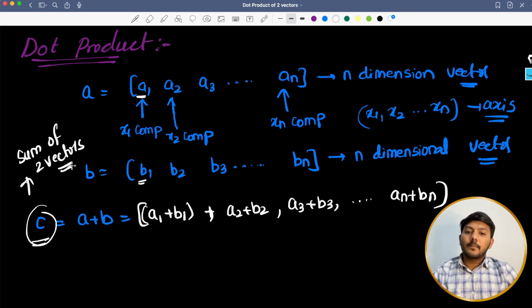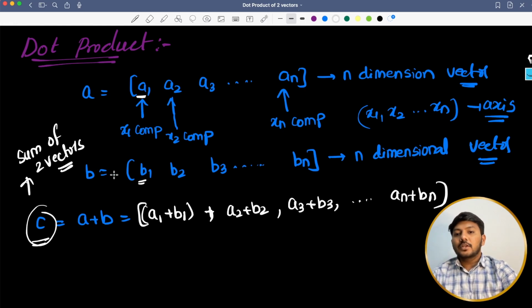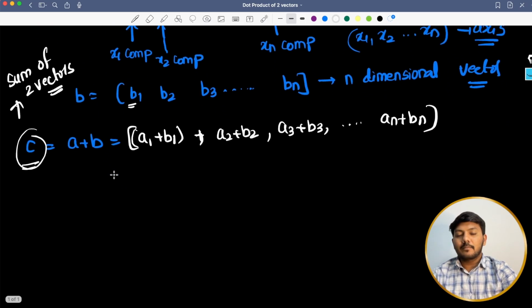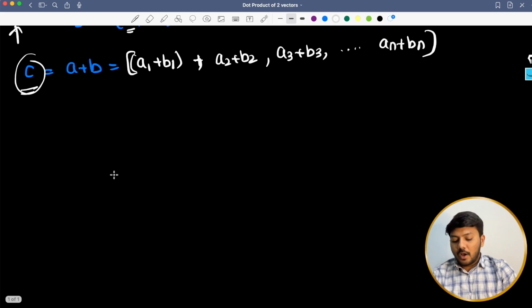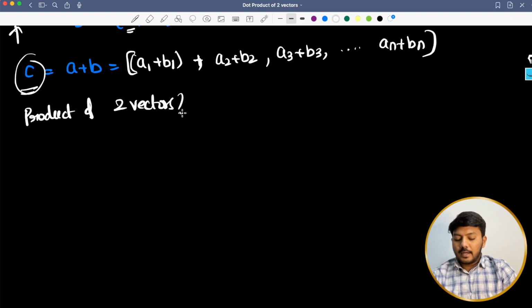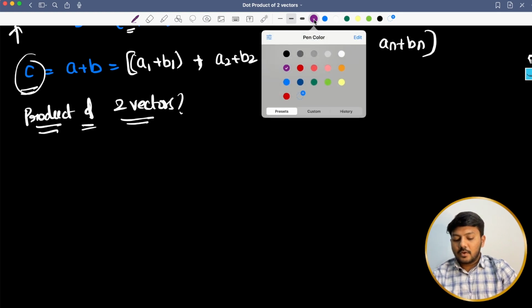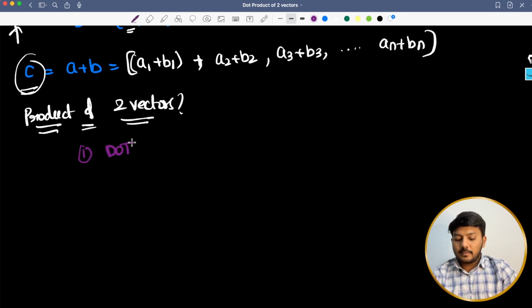Now when I say sum of two vectors, you will have another question that comes to mind, which is how can you do the product of two vectors, right? In linear algebra we have two types of products. One is dot product and the second one is cross product.